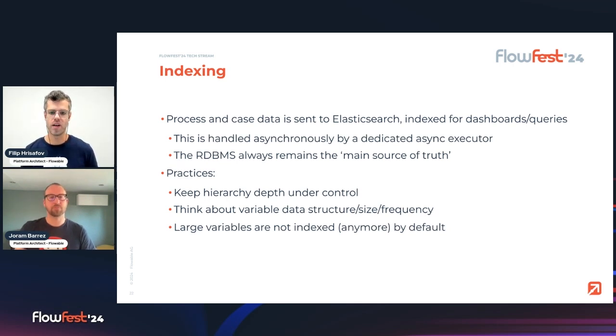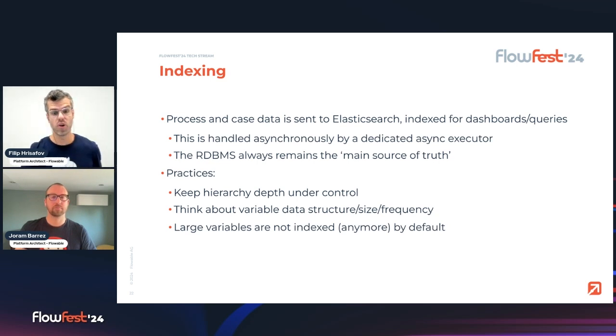This is done asynchronously by a dedicated async executor, so it does not slow down your existing transaction, but is done behind the scenes. And the relational database stays as the main source of truth. So if you need, you can drop your Elasticsearch data, remove everything from there, and then re-index all the data fresh from what you have in the database.